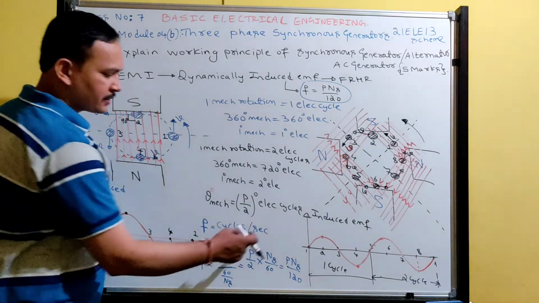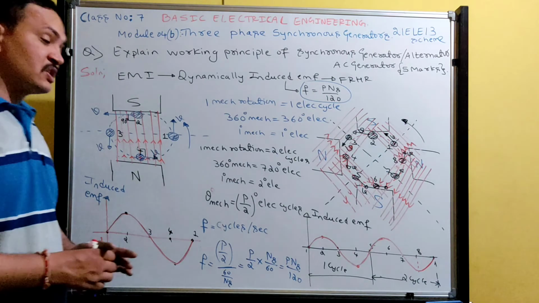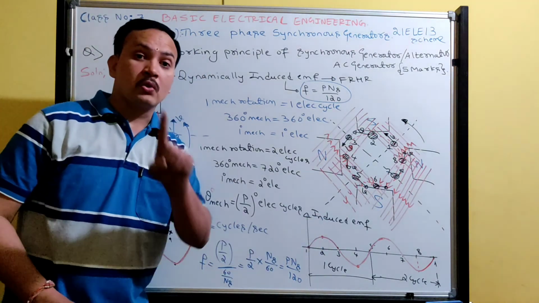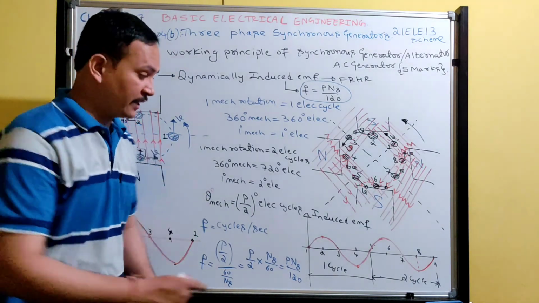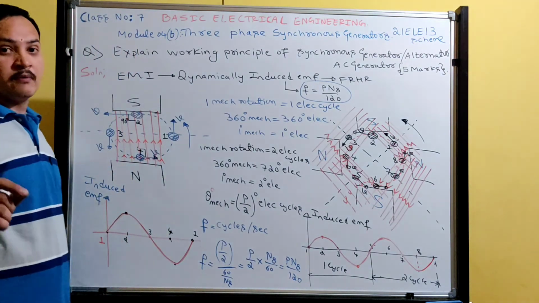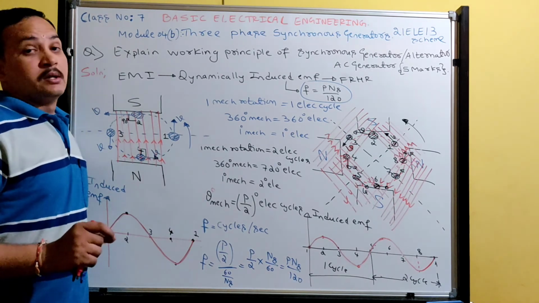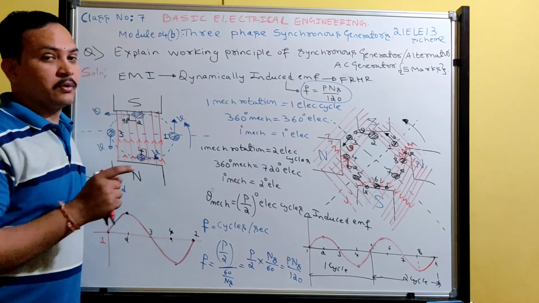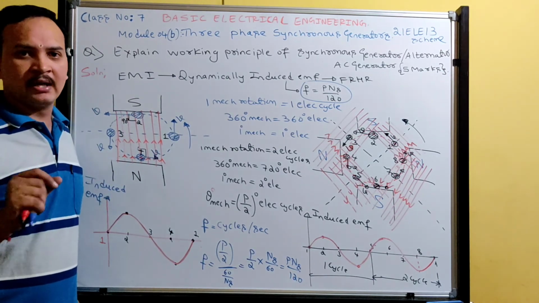Based on that, we get frequency, that is, per second, how many cycles. In a generating station, the alternator is going to generate 50 cycles in 1 second. That is the frequency of our country. Generally in generating stations, the alternator generates around 11 kV, commonly 11 kV.